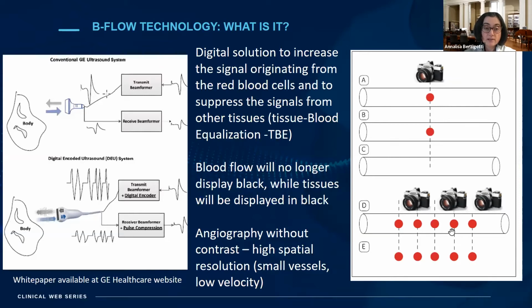Basically, you are launching the ultrasound signal to both the red blood cells and the surrounding tissue, but then using a digital encoder, you are amplifying only the signal you get from the blood flow, while at the same time getting rid of the terrible increase of the signal you would get from the surrounding part.